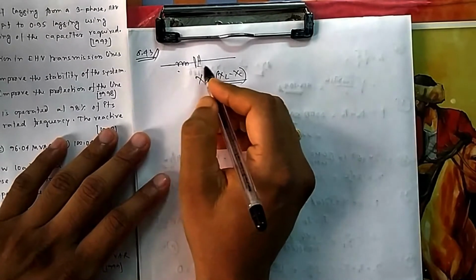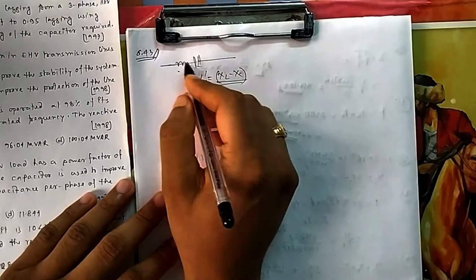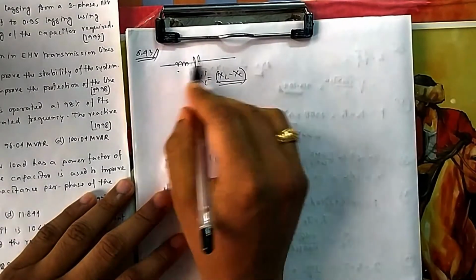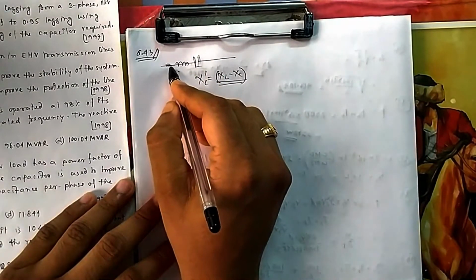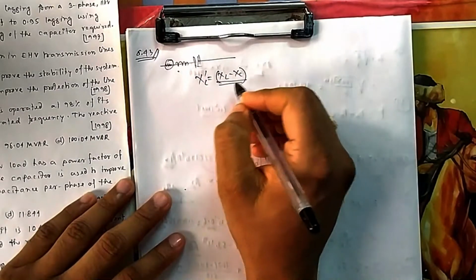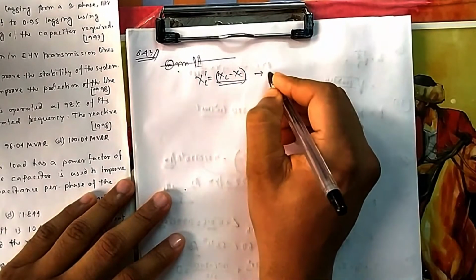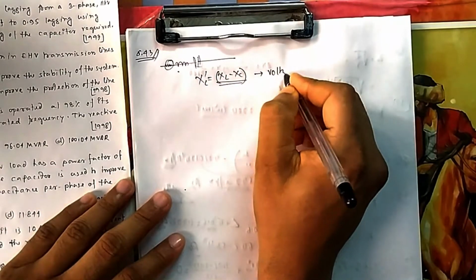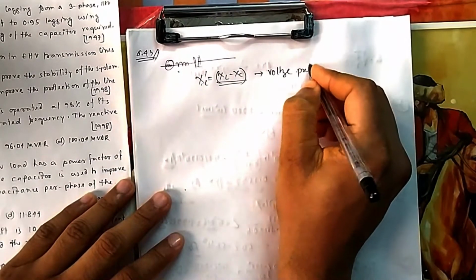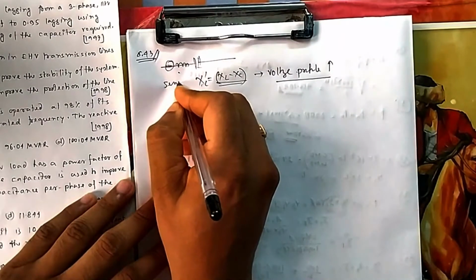Due to which there is a reduction in voltage drops along the line. So your voltage profile improves, but your losses don't get affected, because loss mainly depends on resistance, and resistance is not being affected here. So the main purpose of series compensation is that your voltage profile improves, because your drops in XL get reduced.